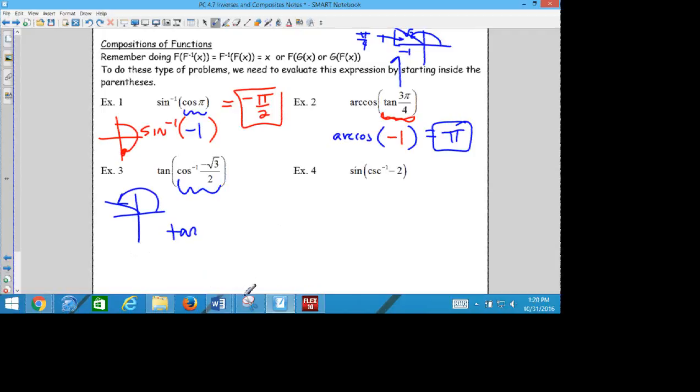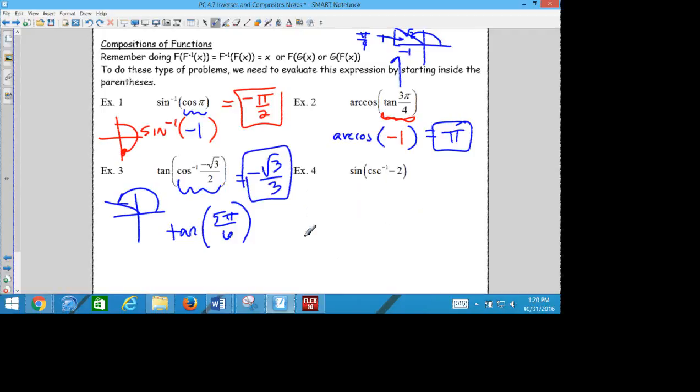So we're doing tangent of 5 pi over 6. What is the tangent in the second quadrant with a reference angle of 30 degrees? It's radical 3 over 3, but this is second quadrant, so it's negative.